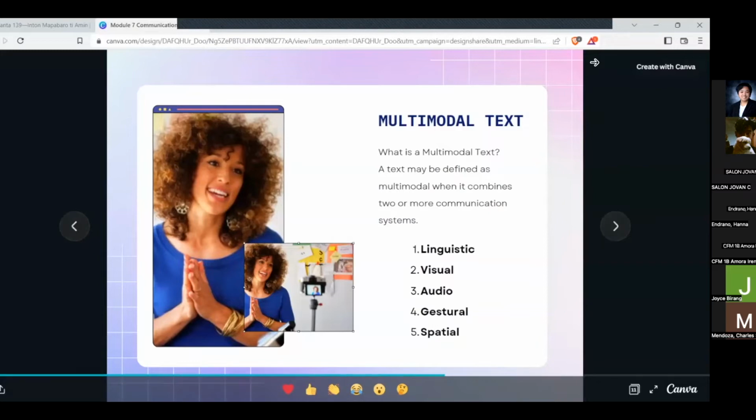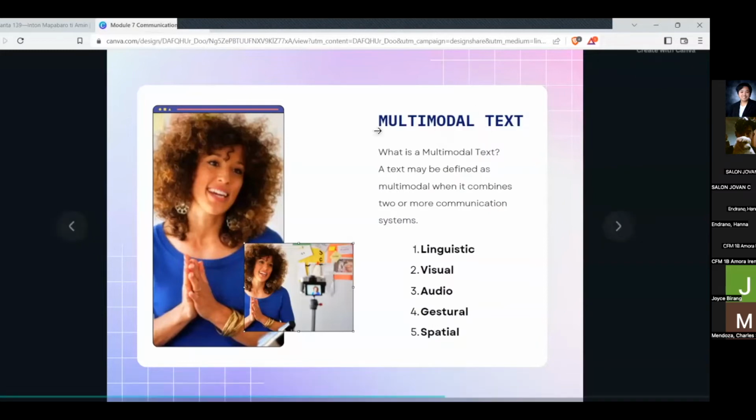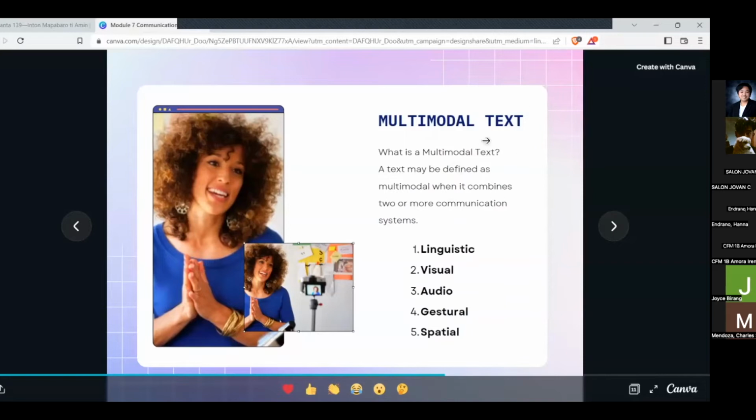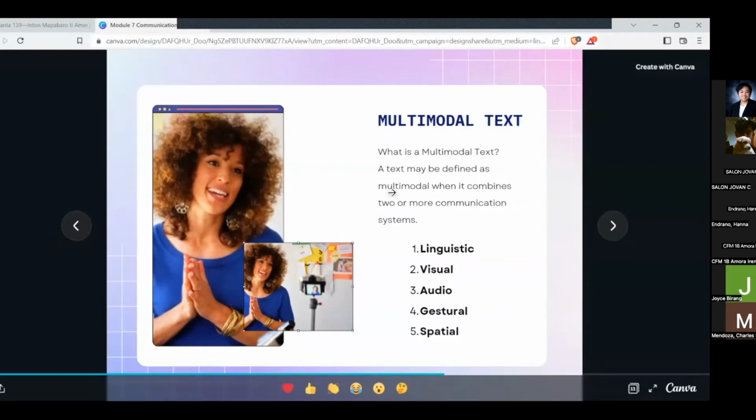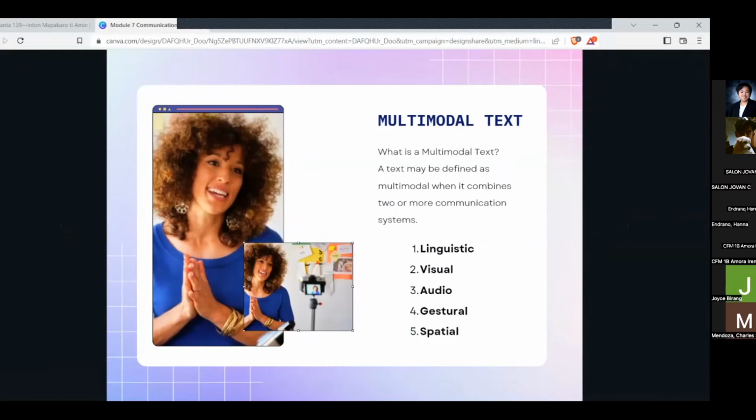Multimodal texts are also an example of communication aid. Let's not forget that. Since we are doing our online classes, I believe this is more applicable as our final project than a live presentation. So we're going to be doing a multimodal advocacy campaign.